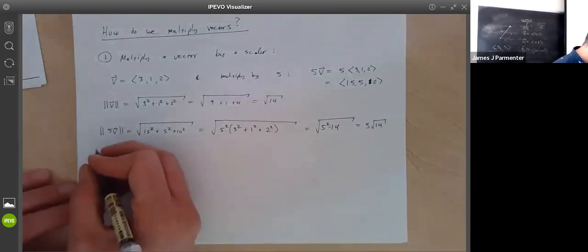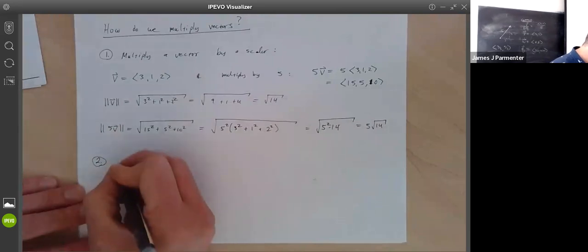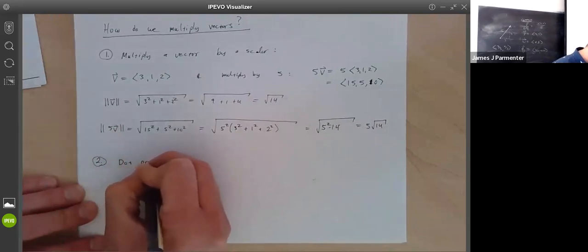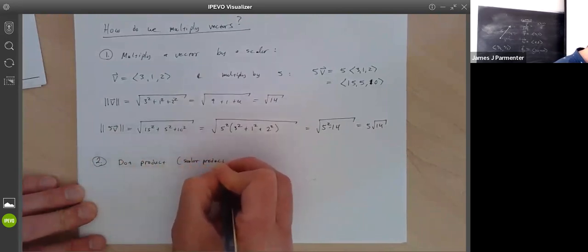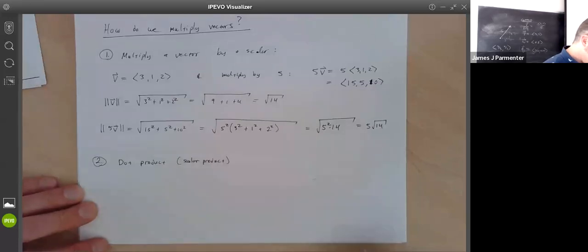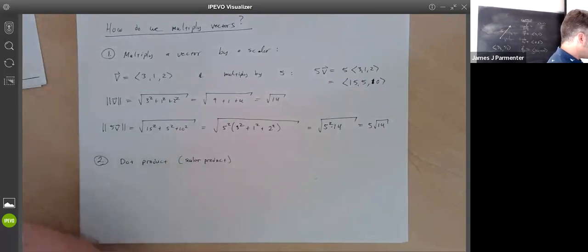But then we have really the things we actually care about. We have what's called the dot product, also sometimes called the scalar product, although I've really almost never heard anyone call it that. It's called that because the output ends up being a scalar.